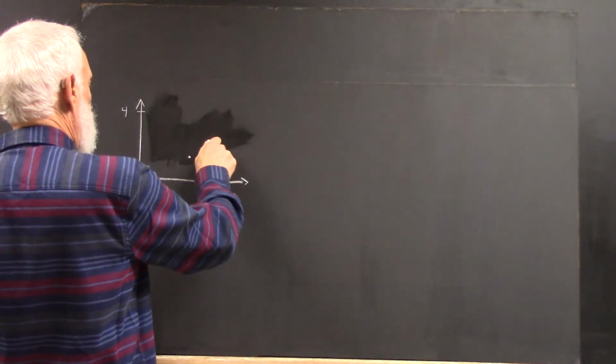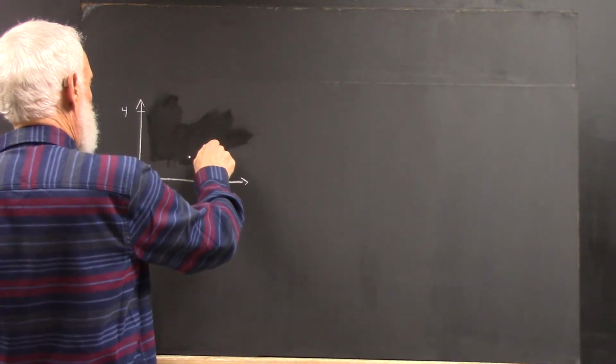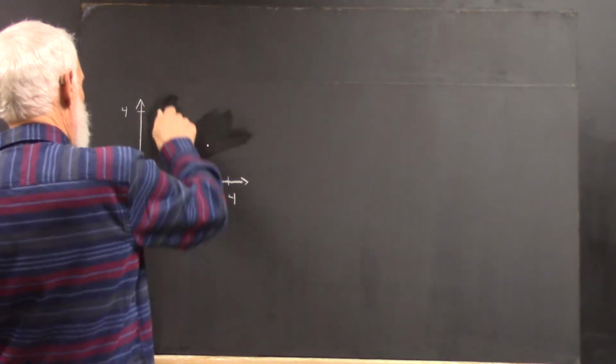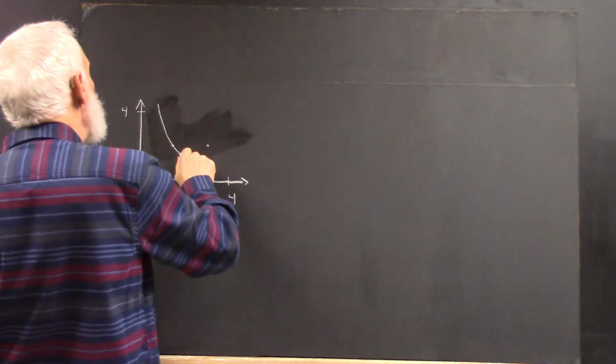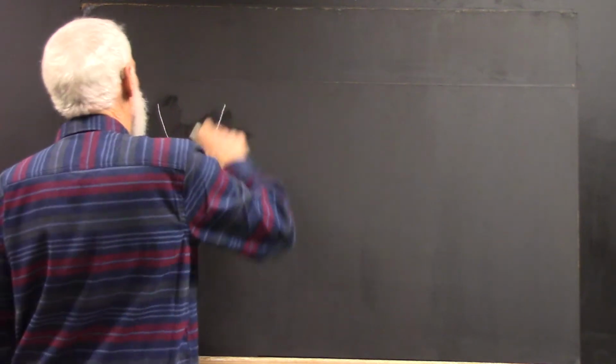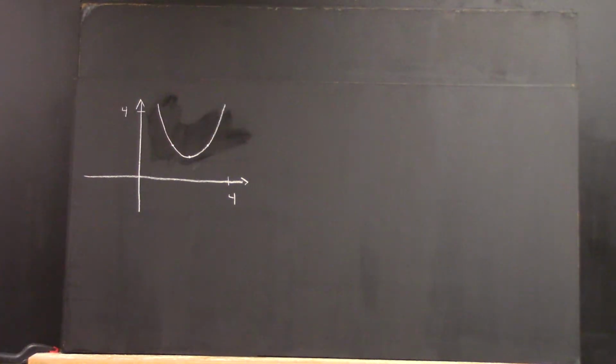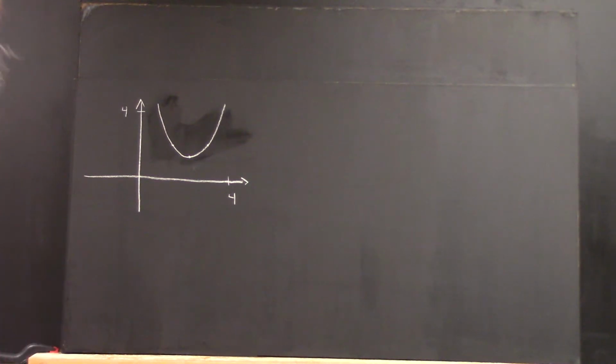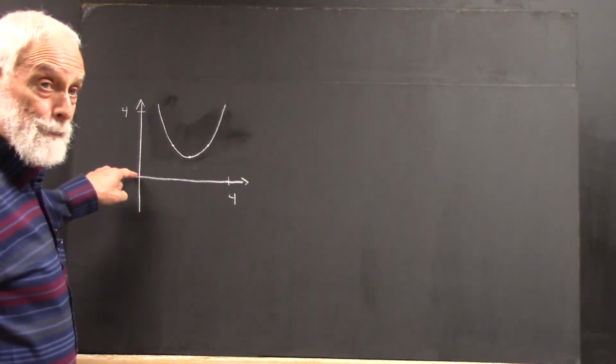Okay, so I'm going to do this. I'm going to put a point here, and I'm going to put a point here. I'm going to put a point here, so I can kind of keep myself straight, and then maybe I'll get a reasonable graph. It still isn't great. Okay? Now, what's that graph look like? It looks like your basic squaring function, except it isn't, because it doesn't have a vertex at the origin, right?